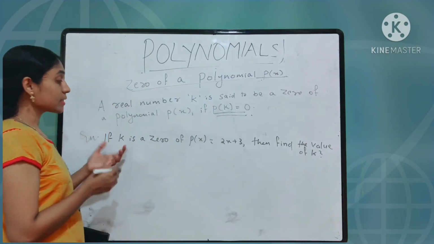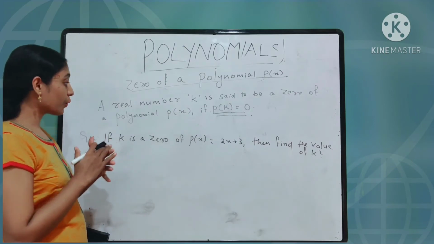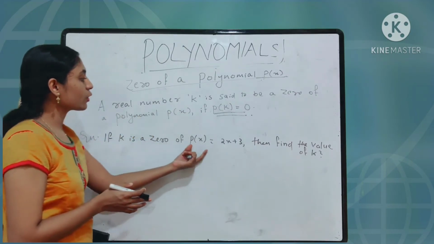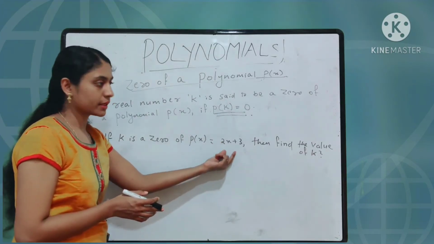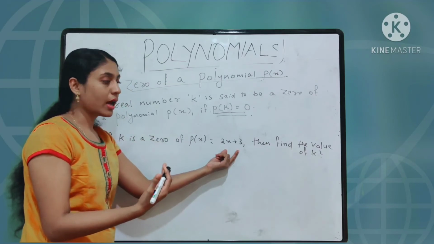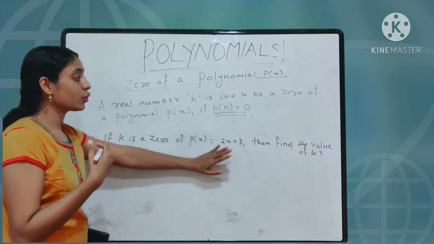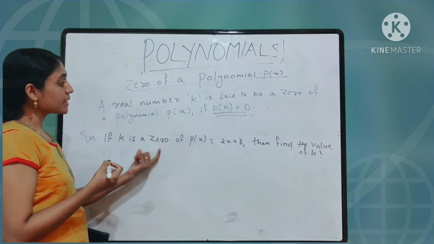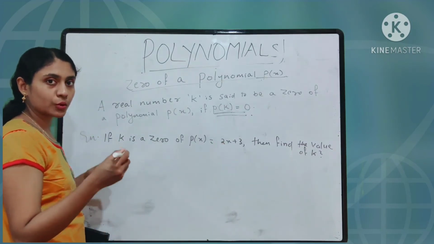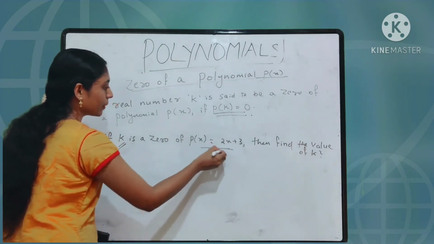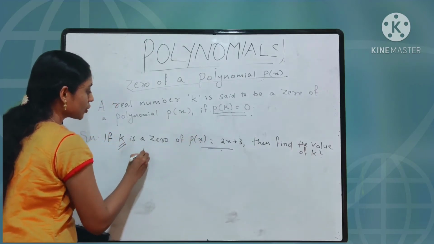Understood? Now the question is, we studied how to find the 0 of a linear polynomial. For example, if k is a 0 of p of x is equal to 2x plus 3. This is an example of a linear polynomial because this is a polynomial of degree 1. And we studied how to find the 0 of this linear polynomial. How to find? If k is a 0 of p of x is equal to 2x plus 3, that means k is 0 in this polynomial, so instead of x we can substitute k.